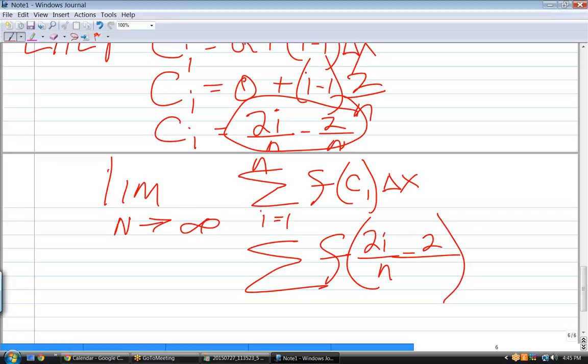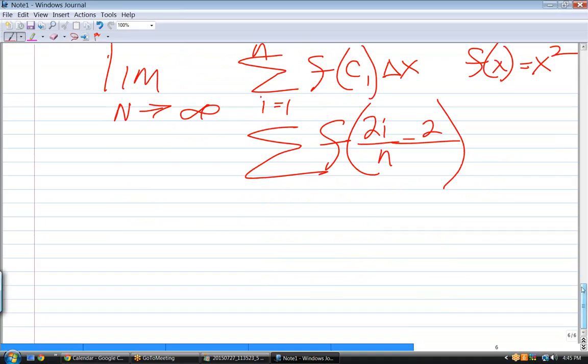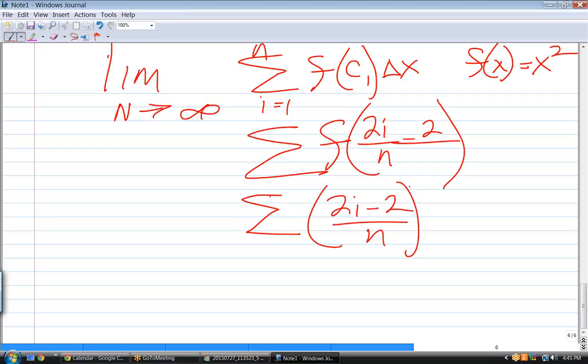Now I have to evaluate f of that for the function f of x equals x squared, so I basically have to square this. So it's still sigma of 2I minus 2 over n squared, the limit of that as n goes to infinity.